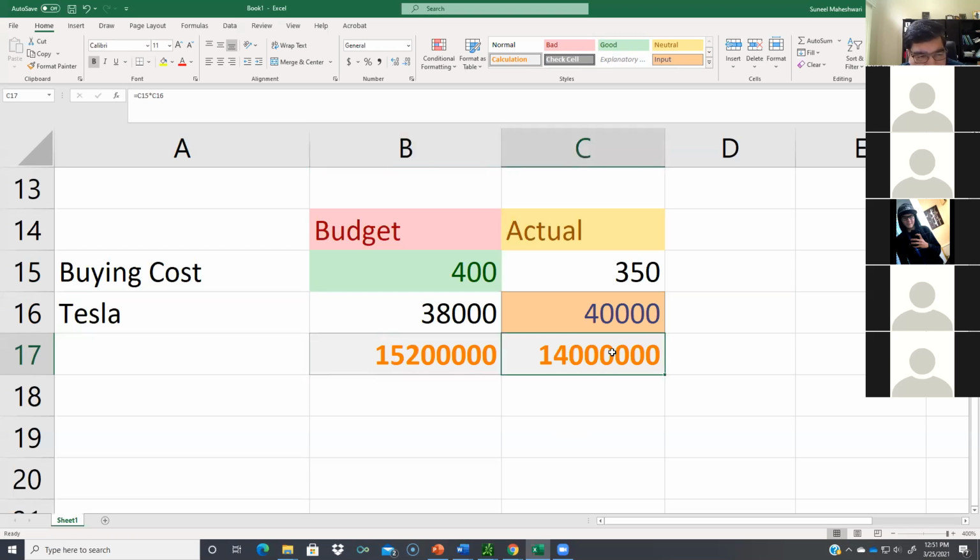So is this favorable because you spent less than the budgeted? Yes. Why? Because you're saving money. Are you really saving money? Well, you're not really saving money, but you're spending less than what you budgeted, and that's favorable.